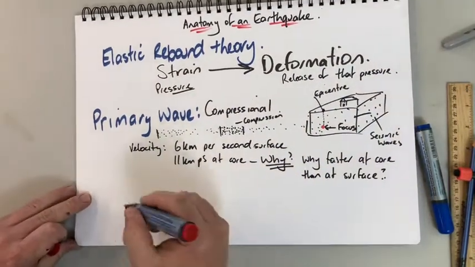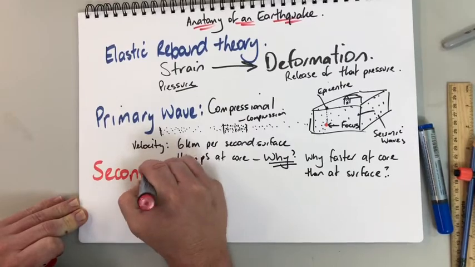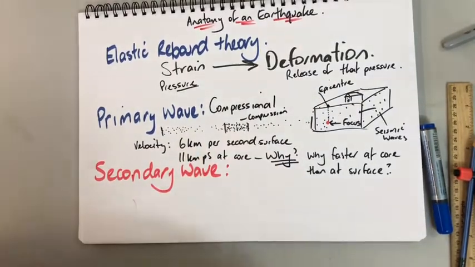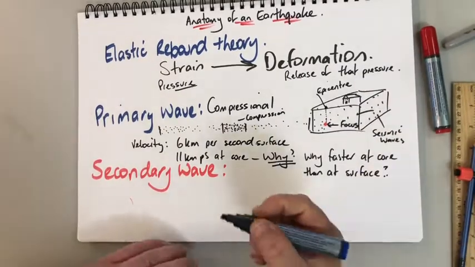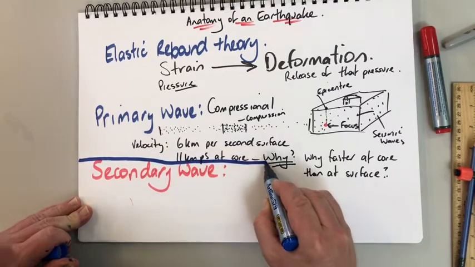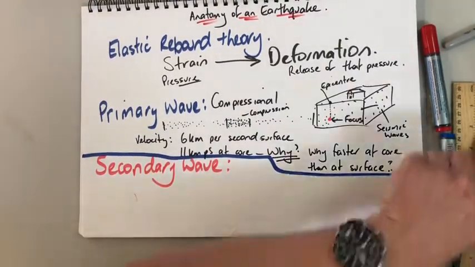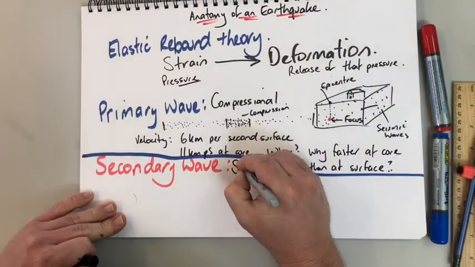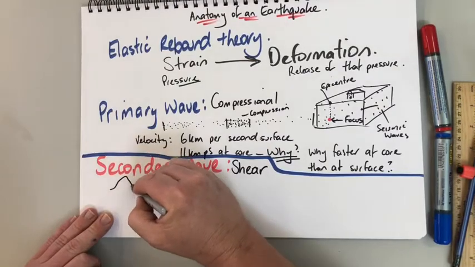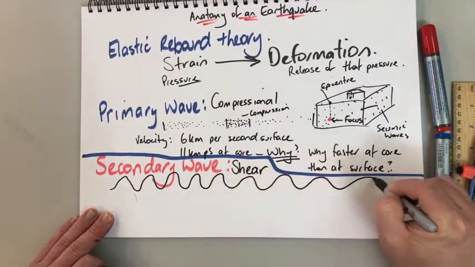Let's do our next wave, and surprise, surprise, it's called the secondary wave, because it's second. I'm just going to draw a line here so I don't move over. A secondary wave is a shear wave. When we think about shear waves, they're a nice up and down movement, side to side.